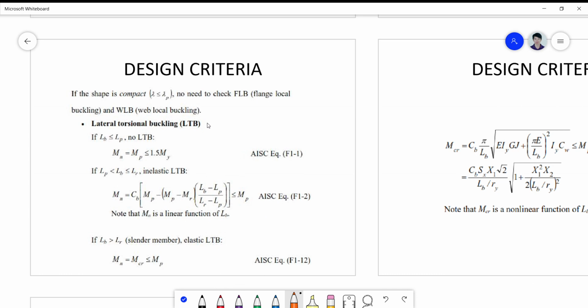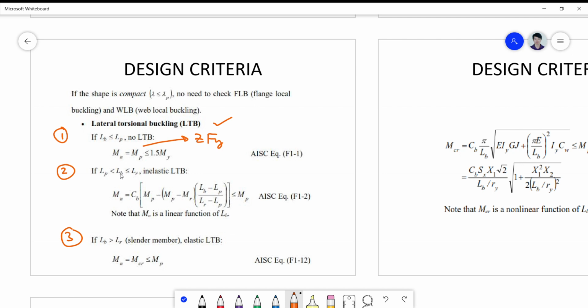We directly solve the lateral torsional buckling effect by using these 3 cases. We have case 1, case 2, and case 3. If LB is less than LP, no lateral torsional buckling, then we simply use the formula for MP, but not to exceed 1.5 Fy. So this will be directly solved by using a ZFY formula.